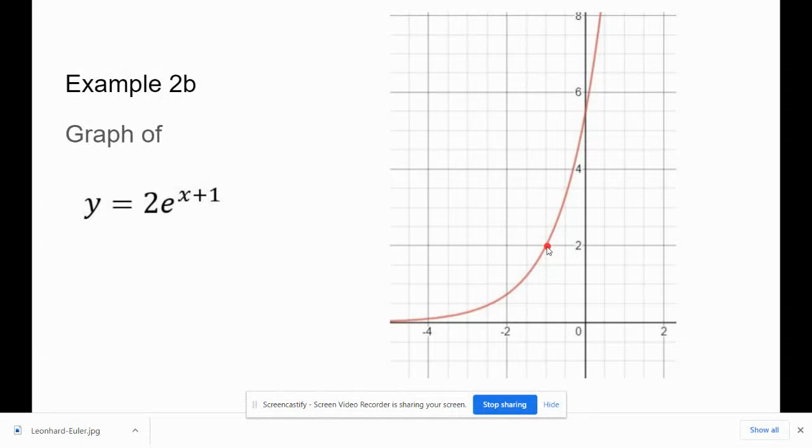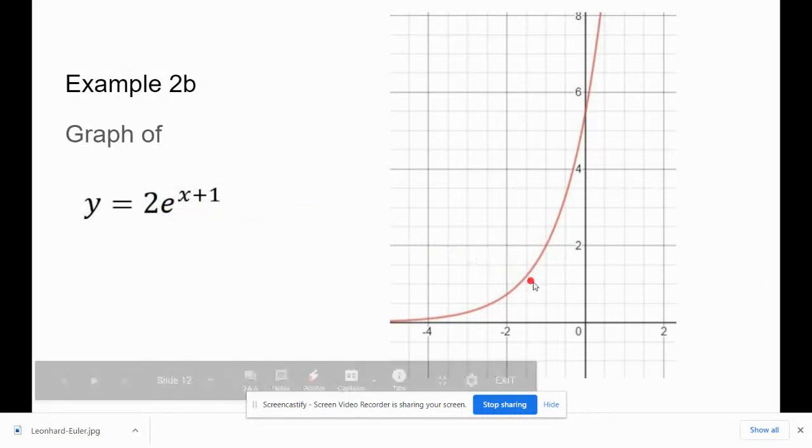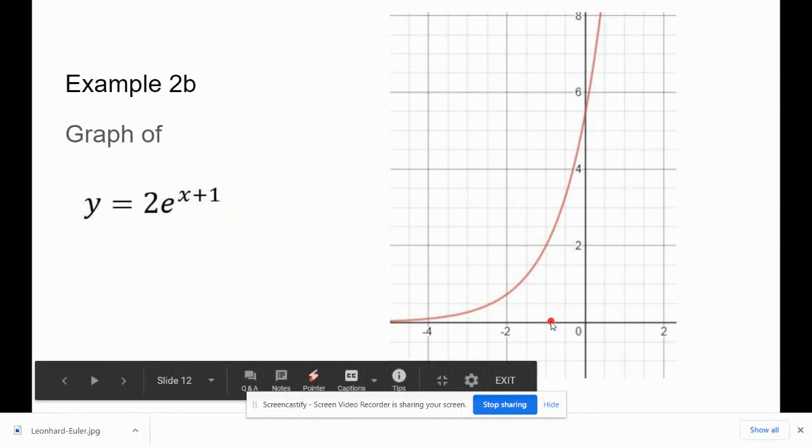So if we put -1 in place of x, -1 plus 1 is 0, and then e to the 0 power is 1, and 1 times 2 is 2. So when x is -1, y is 2 right there. It's still an exponential growth, and it's been shifted to the left 1 unit.